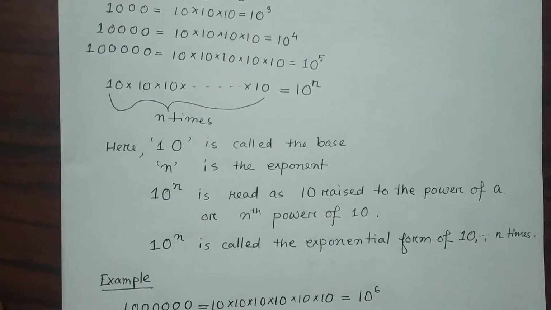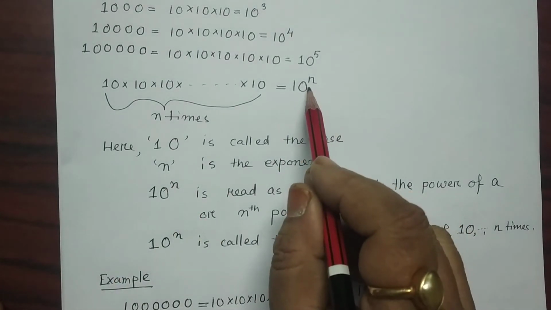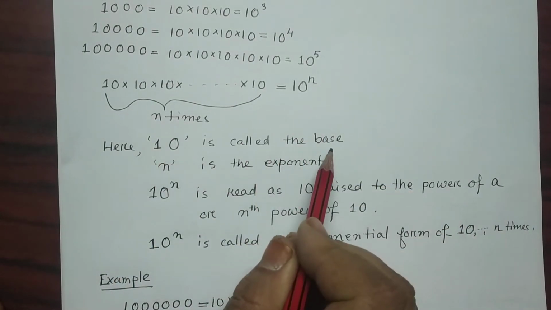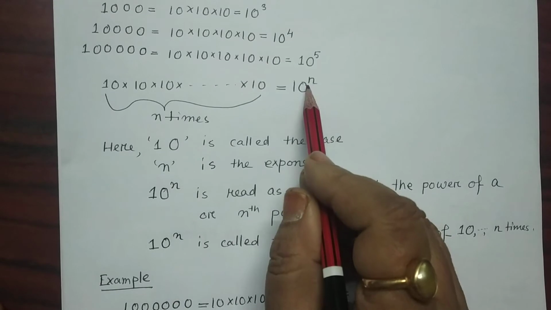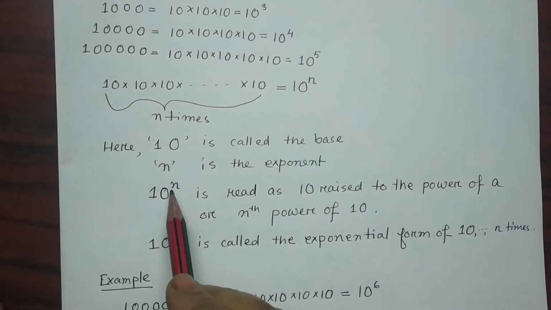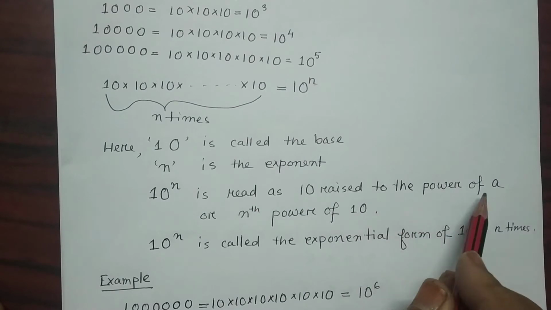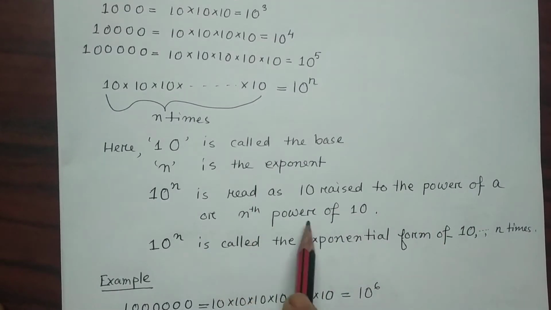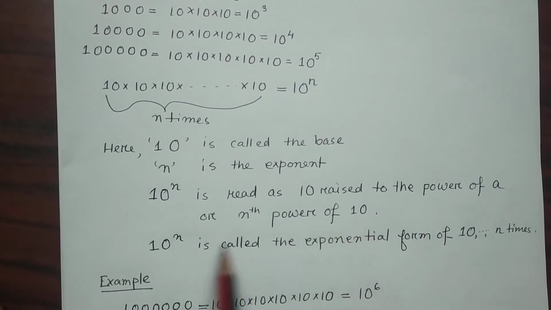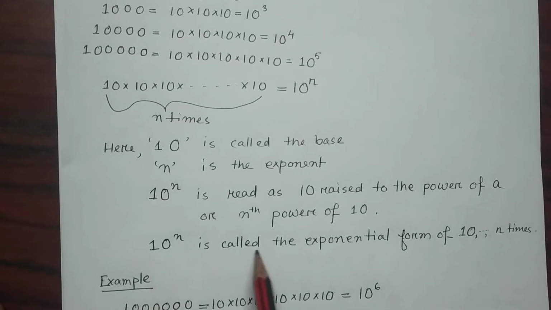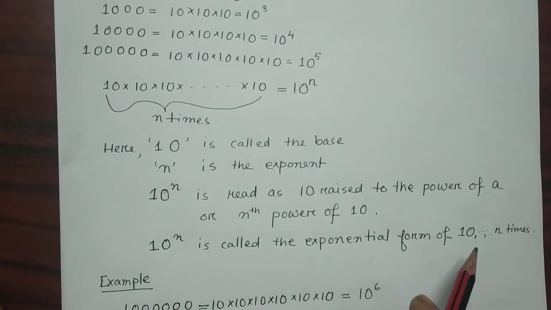This 10 to the power n, here 10 is called the base and n is called the power or exponent, and 10 to the power n is read as 10 raised to the power n, or nth power of 10. And 10 to the power n is called the exponential form of 10.